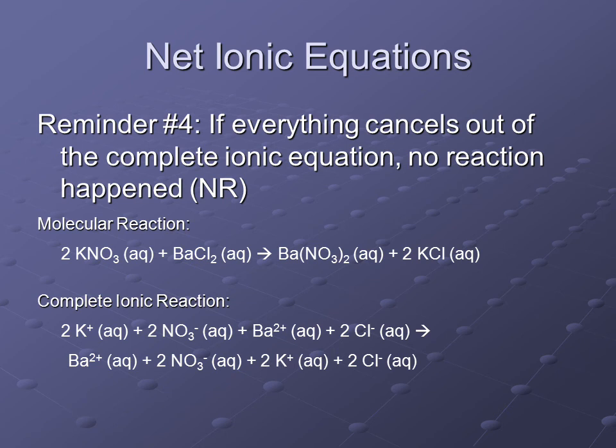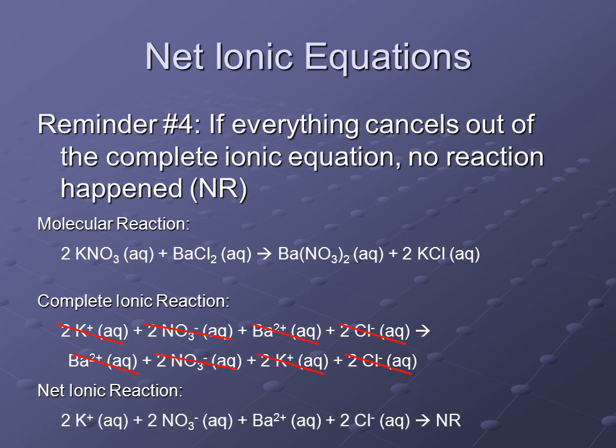Now, let's start canceling things out. We have 2 potassium ions on each side. Those cancel each other out. We have 2 nitrate ions on each side. Those cancel each other out. We have 2 barium ions on each side. Those cancel each other out. And we have 2 chloride ions on each side. Those cancel each other out.